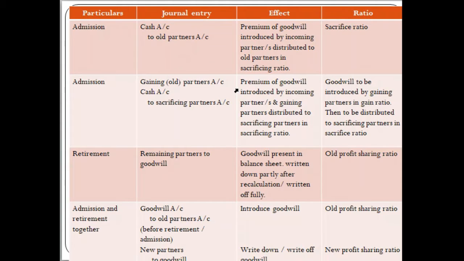In such a case, the gaining partners will bring in the goodwill along with the new incoming partner, and the other partners, the sacrificing partners, will share the goodwill in their sacrifice ratio. So information with regard to introduction of premium of goodwill will also be given in the question. Whether the premium of goodwill will be introduced only by the new partner or by gaining partners as well will be mentioned in the question.